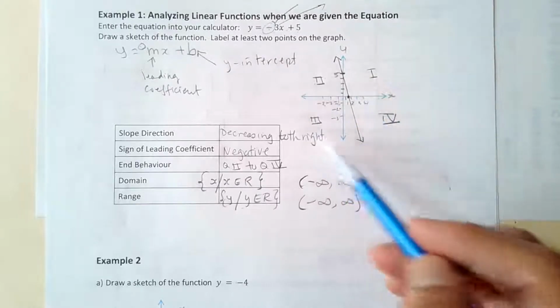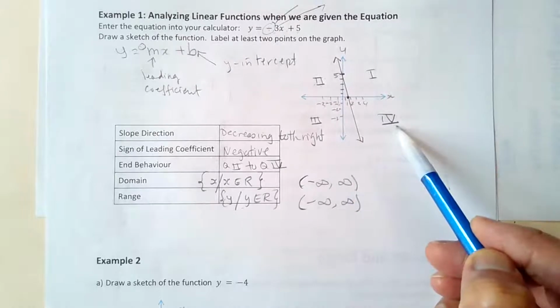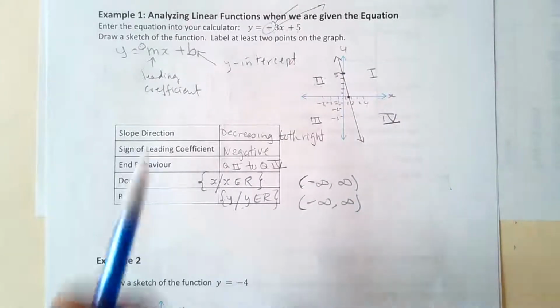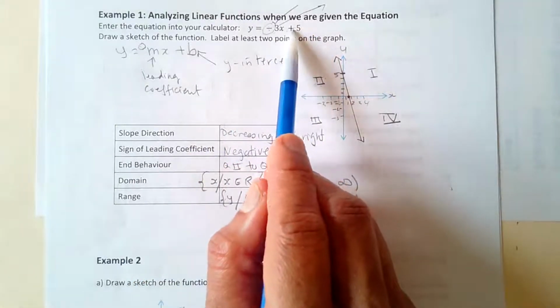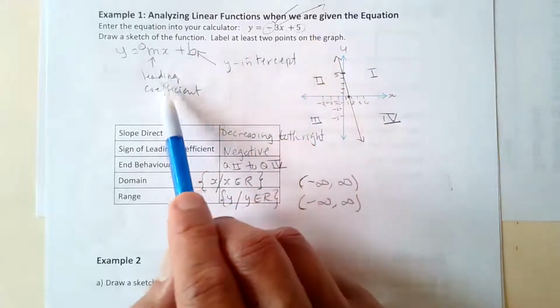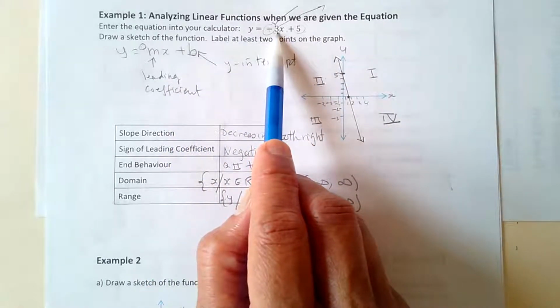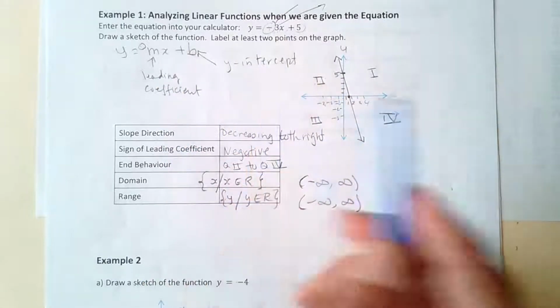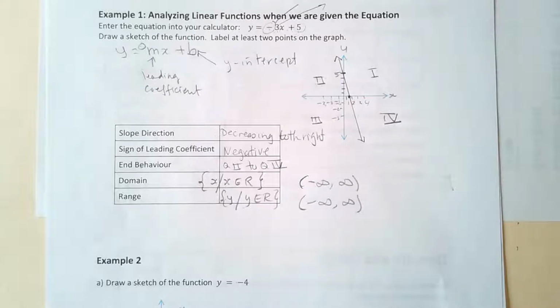And we go counterclockwise: quadrant 2, quadrant 3, and quadrant 4. The y-intercept would be referred to as the b in the equation. The slope refers to the leading coefficient, and the sign of it refers to the direction of the graph.